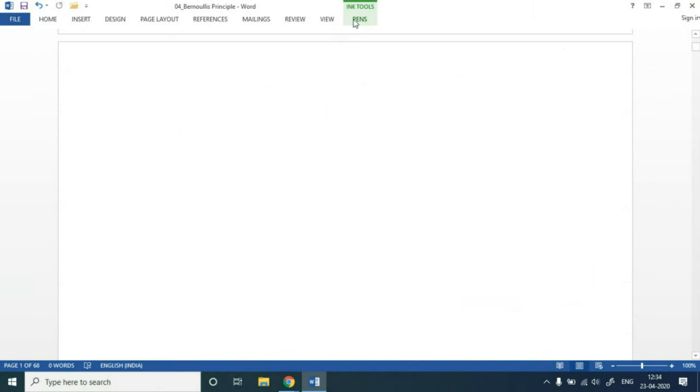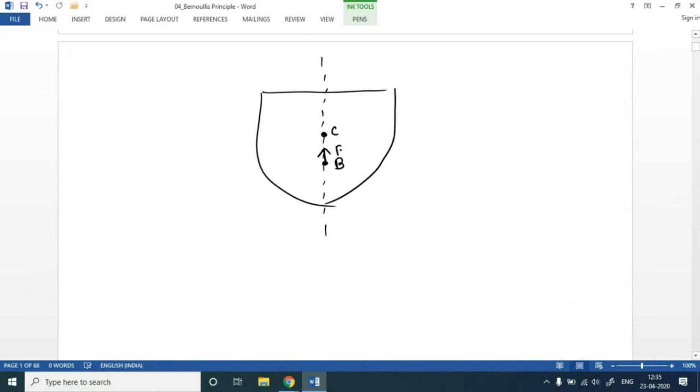Let's say this is the body here. The first condition I will be taking: this is the axis of symmetry, this is the center of gravity, and this is the center of buoyancy. Buoyancy is acting upward, weight is acting downward. The first situation is if we displace it slightly in horizontal direction.